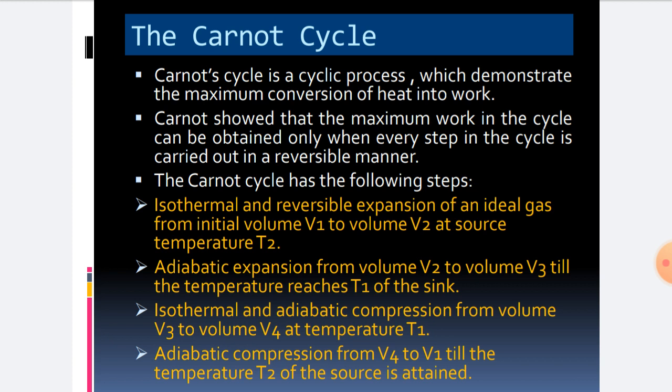Adiabatic expansion from volume V2 to volume V3 till the temperature reaches T1 of the sink. Isothermal compression from volume V3 to volume V4 at temperature T1. Adiabatic compression from V4 to V1 till the temperature T2 of the source is attained.